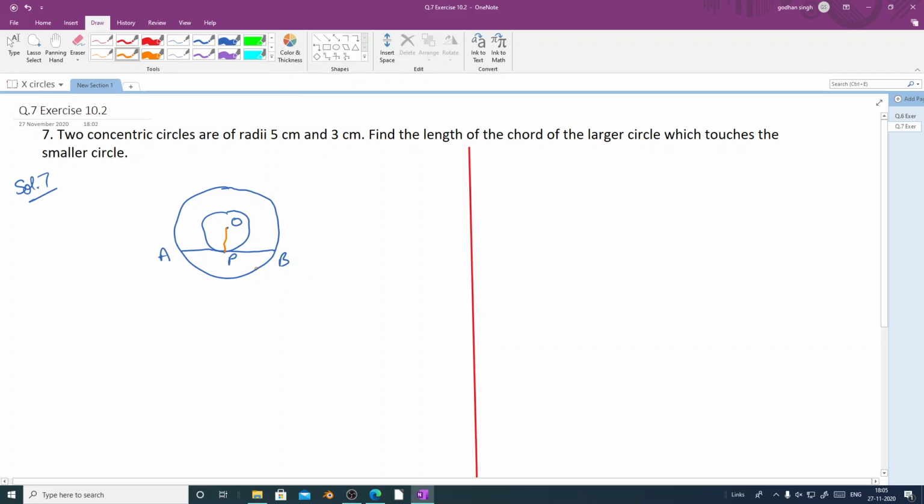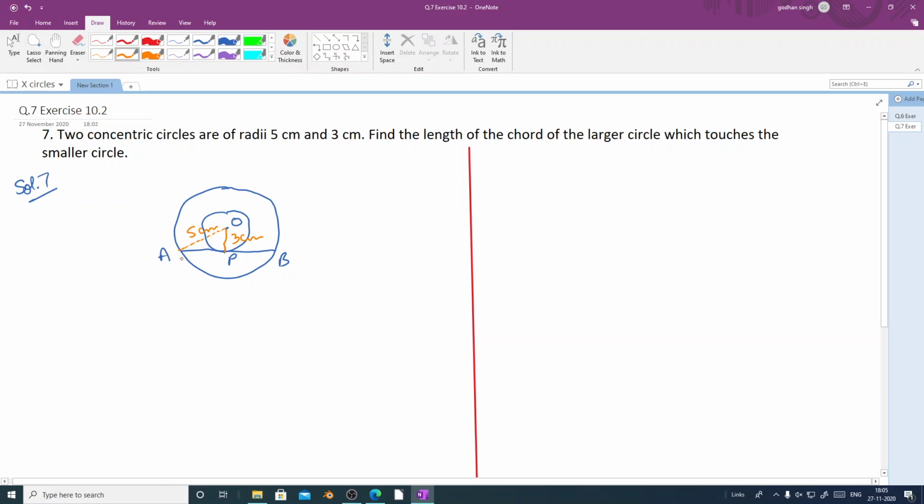Now what is given to us? The concentric circles are of radii 5 cm and 3 cm. So OP will be of 3 cm because it is the radius of the smaller circle, and let us join O and A. So that will be the radius of the bigger circle, so it will be 5 cm.